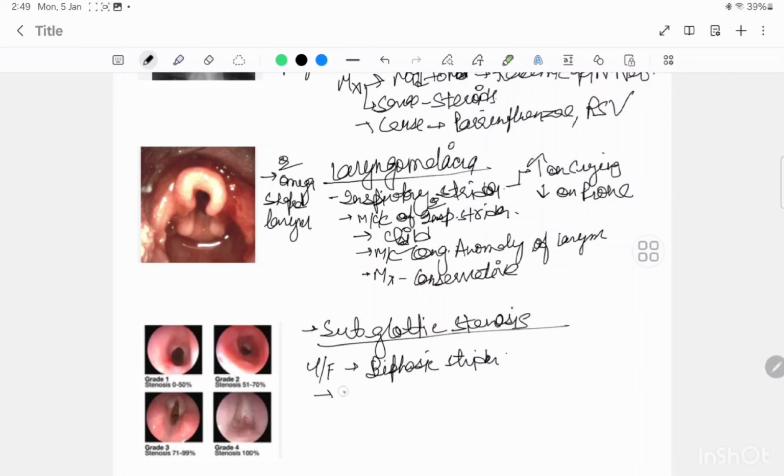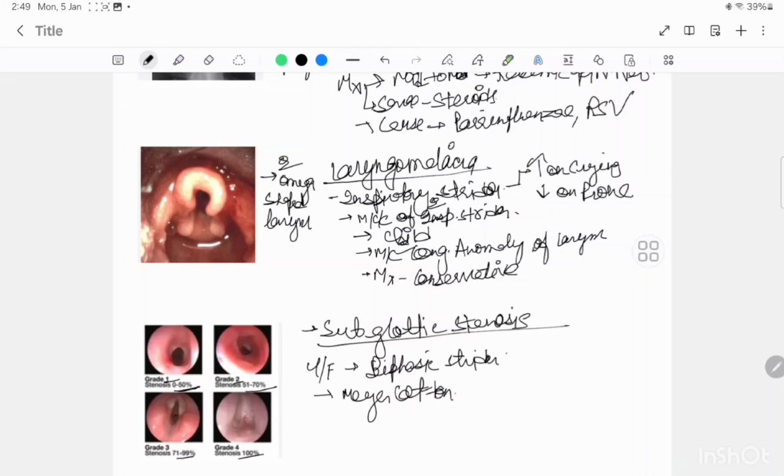Grading is Myer-Cotton or Cotton-Myer grading, in which grade 1 is up to 50% stenosis, grade 2 is 51 to 70%, grade 3 is 71 to 99%, and grade 4 is 100% stenosed.